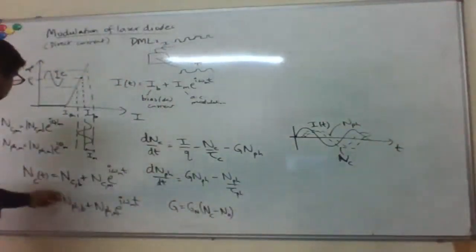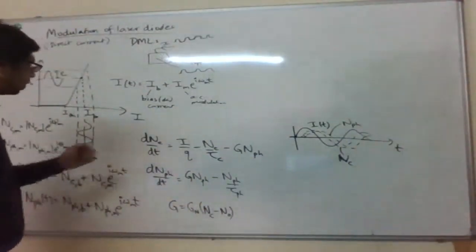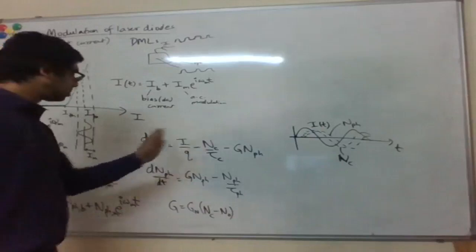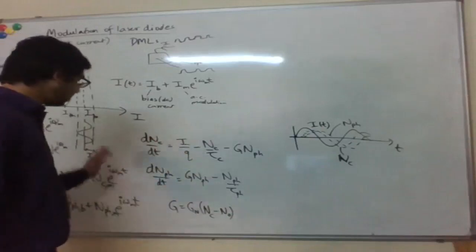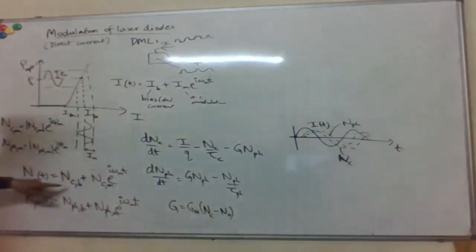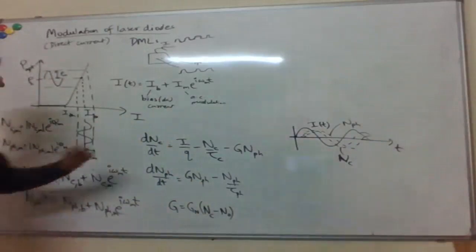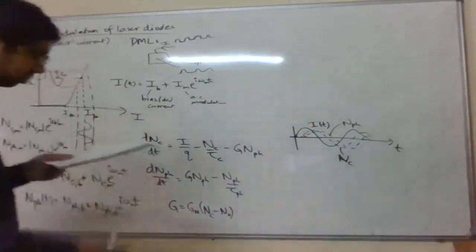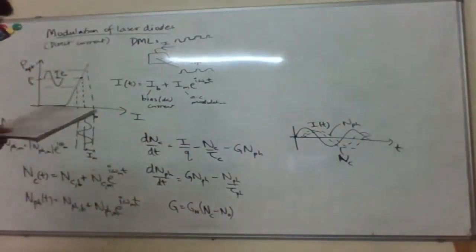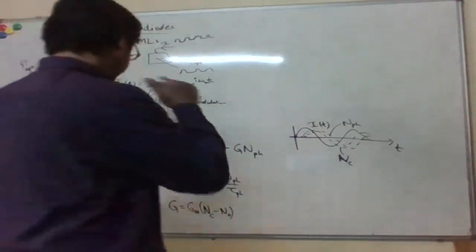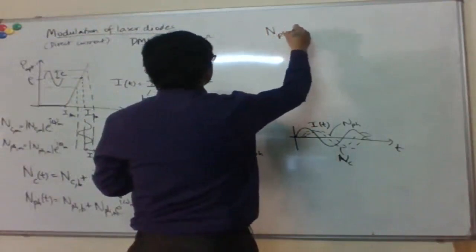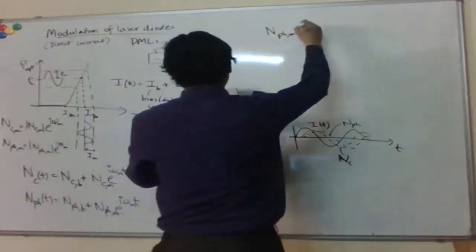You just substitute these into these equations. Now you'll have two equations, and then you equate the DC terms on both sides for both equations and also the time varying parts. From the DC terms, you will get this NCB and N photon B, and from the time varying terms, you will get NCM and N photon M. So you can just go ahead and do that.